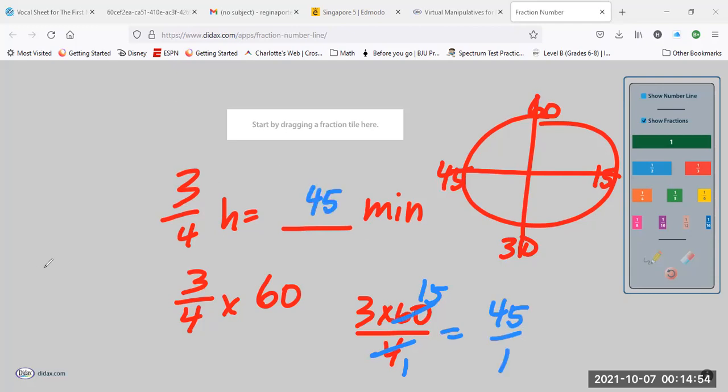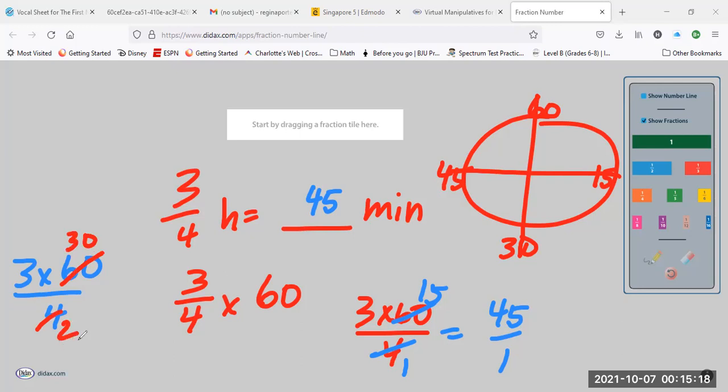Let's say you didn't know that 15 times 4 is 60 and you didn't visualize the quadrants of a clock. If you came to this problem, you said, hey, these are both even numbers, and you said, let me simplify. 4 divided by 2 is 2. 60 divided by 2 is 30. And you go, oh, wait, they're still even.